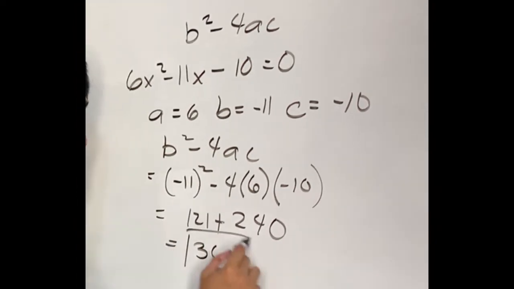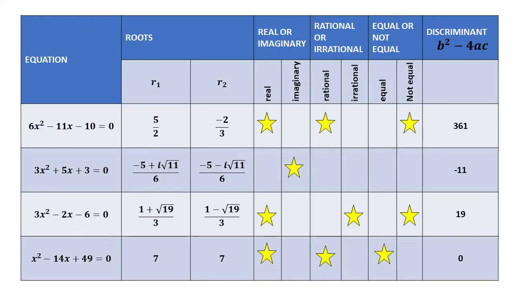So our discriminant is 361. The same with 3x squared plus 5x plus 3 equals 0. Plugging in the values of a, b, and c, we could also identify the discriminant, and that is negative 11. We also have, for 3x squared minus 2x minus 6 equals 0, 19. And for x squared minus 14x plus 49 equals 0, we have 0.